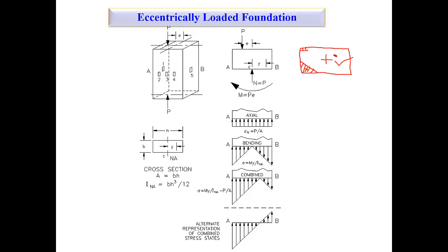But if some portion has tension instead of compression, that portion will not contribute to the load capacity. On the contrary, it will give some extra load to the foundation. So this is a problem. We need to know what sort of problem there is due to this eccentricity.